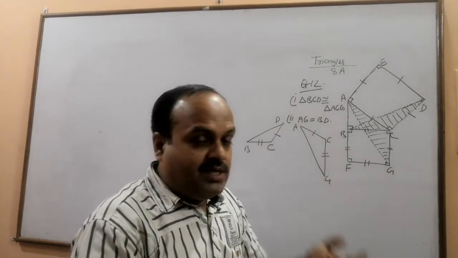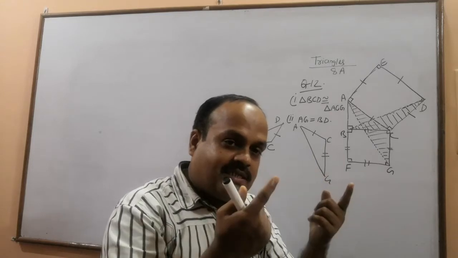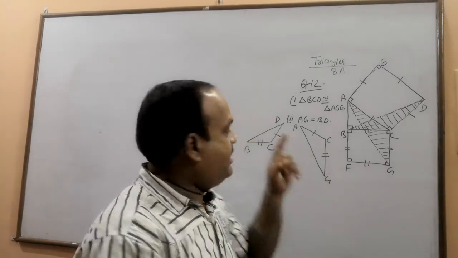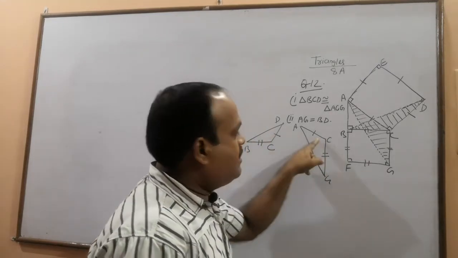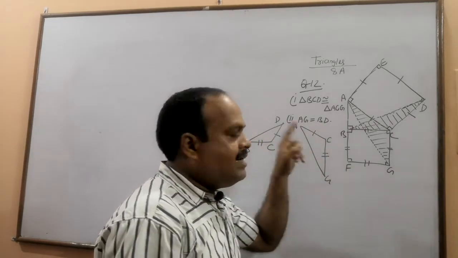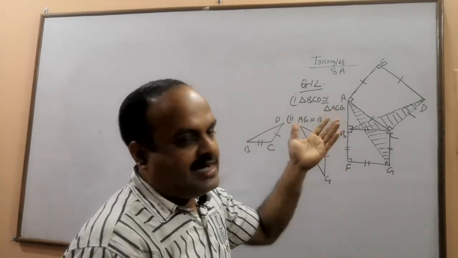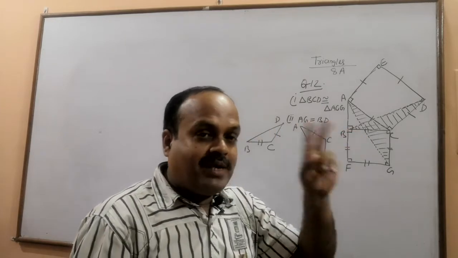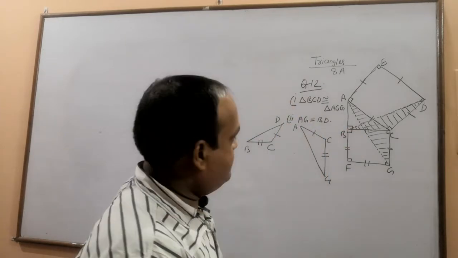So for congruency we need one more thing, and that is angle, included angle. If we get these two angles equal, then we can say that the triangles are congruent by SAS test.